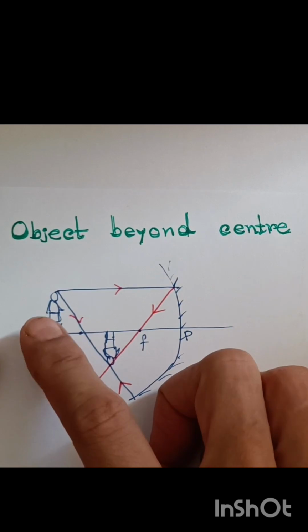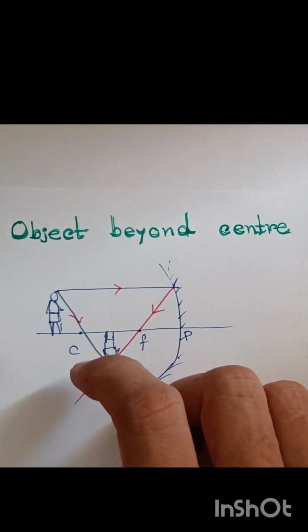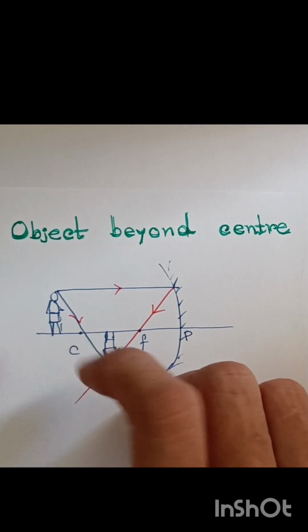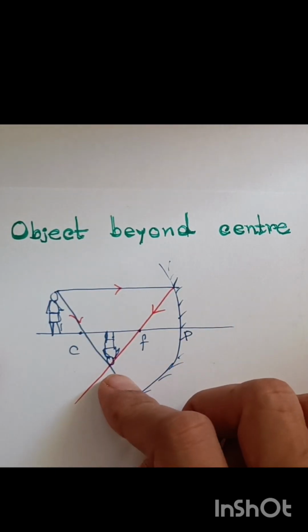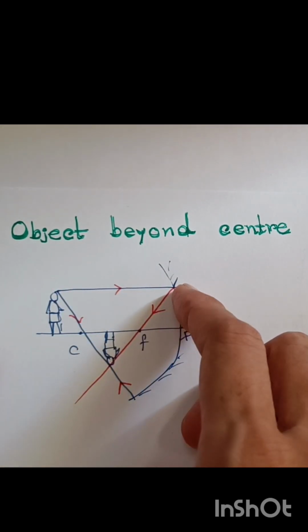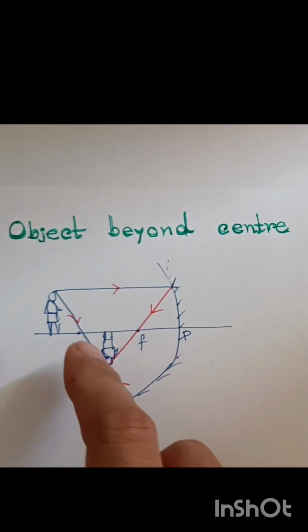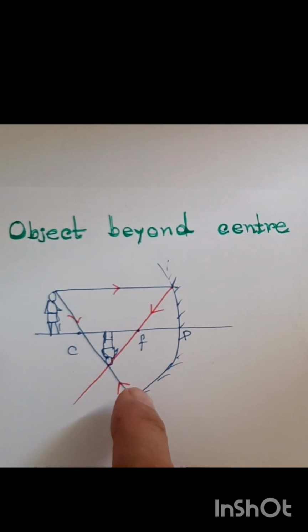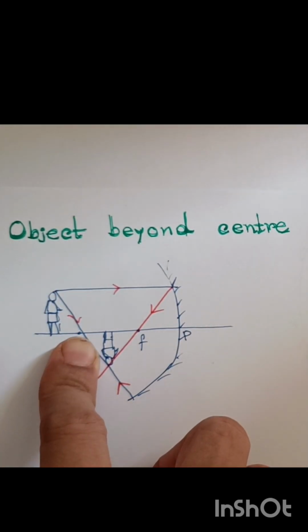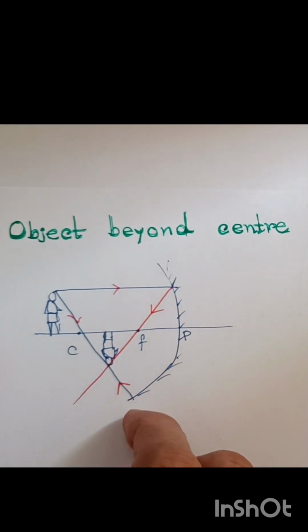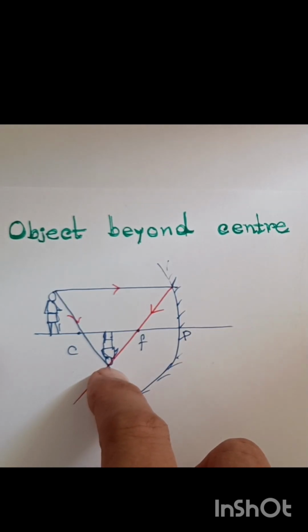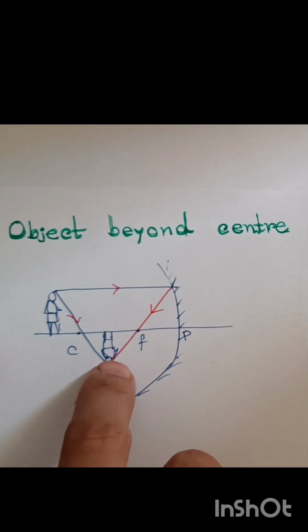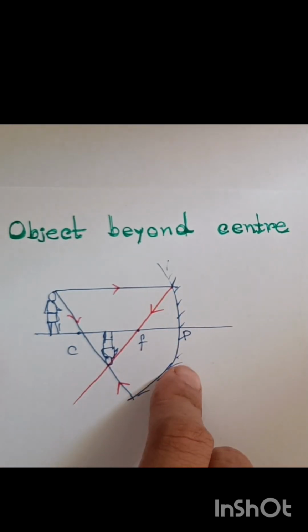When the object is placed beyond the center, see this is the center and the object is placed a small distance from C, the image will form between C and F. See, the two rays are coming, one is parallel and one is coming through C, and meeting at the point between C and F, and the image will be real because it is formed in front of the mirror.